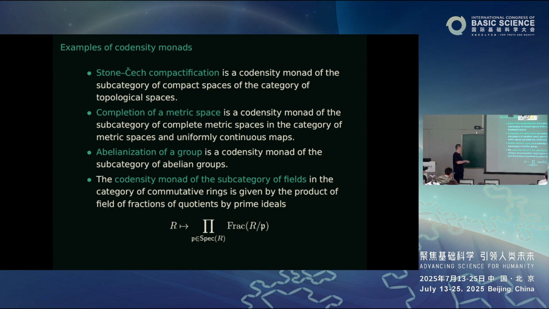If you have a commutative ring R, and you consider the category of commutative rings and a subcategory of fields, the associated codensity monad exists, and it sends a commutative ring R to the product indexed by all prime ideals of R, product of fraction fields of the quotients. And this is not idempotent. These three are idempotent, but the last one is not idempotent. So it is a more interesting example in some sense for us.